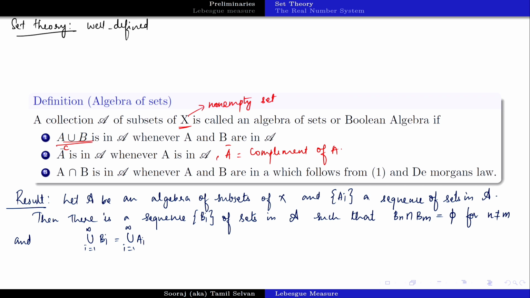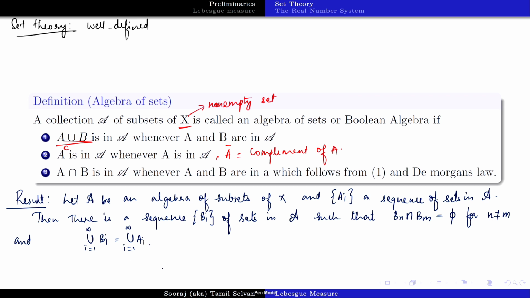In that situation, you are able to identify some other sequence such that all the entries of that sequence are mutually disjoint, right? Then when you make the union of the new sequence that you have taken, that is the same as making the union of the sequence of sets that you had.